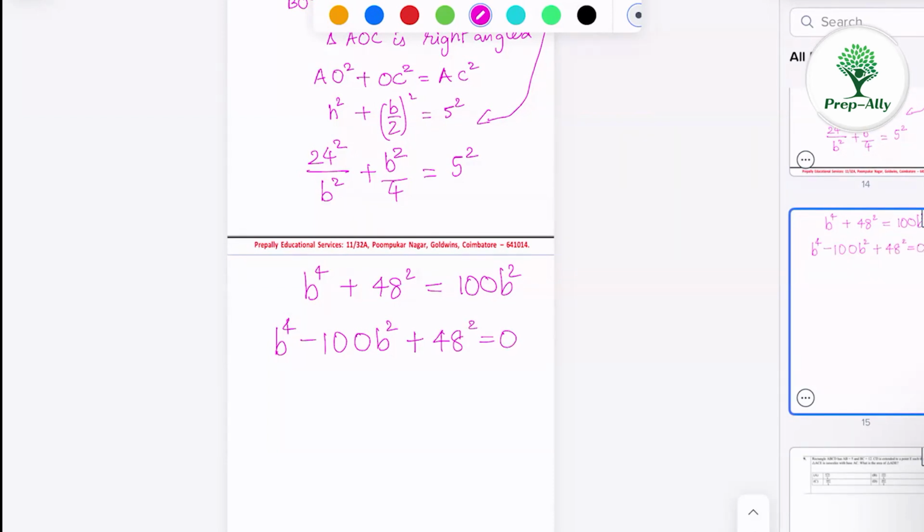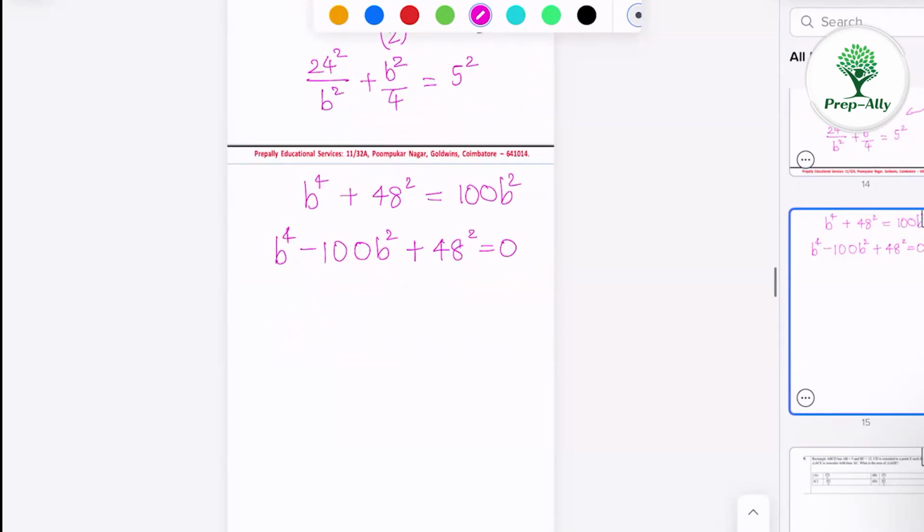But if you notice, it is a quadratic in B square, right? Because we don't have B cube or B terms. Now we can write this as B square the whole square minus 100B square plus 48 square equal to 0.